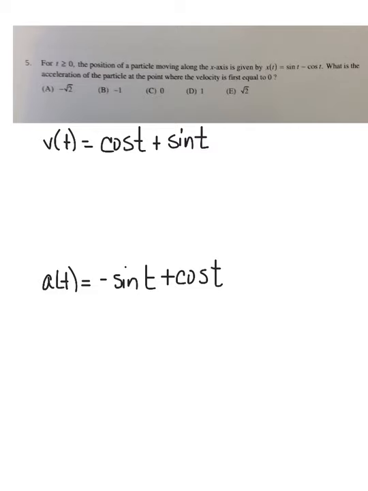Because it's saying at the point where the velocity is first equal to 0. So I'm going to start by taking that velocity, and I'm going to set it equal to 0. So that would give me cosine t is equal to negative sine t.